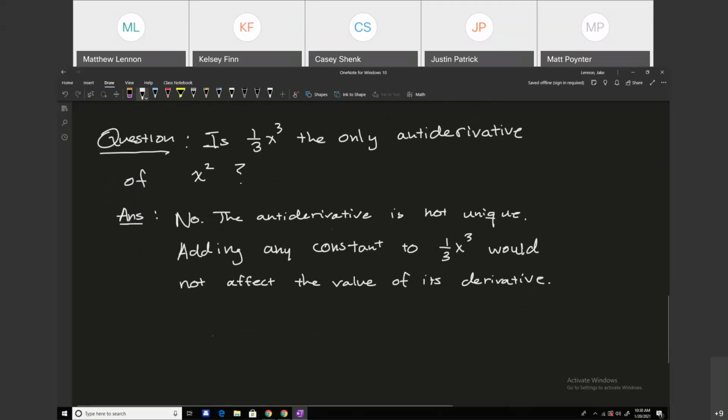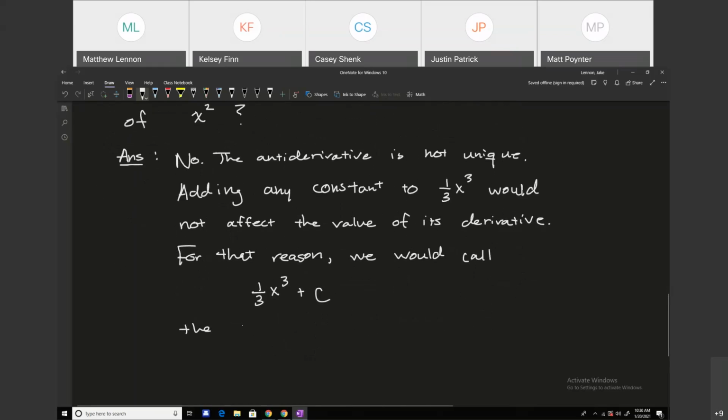So for that reason, we would call 1/3 x cubed plus, usually they do a capital C, the general antiderivative, or the family of antiderivatives.